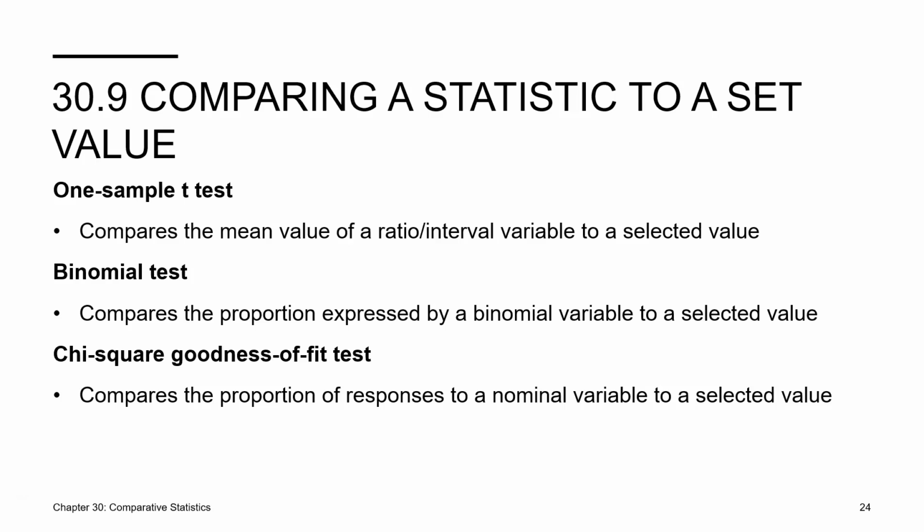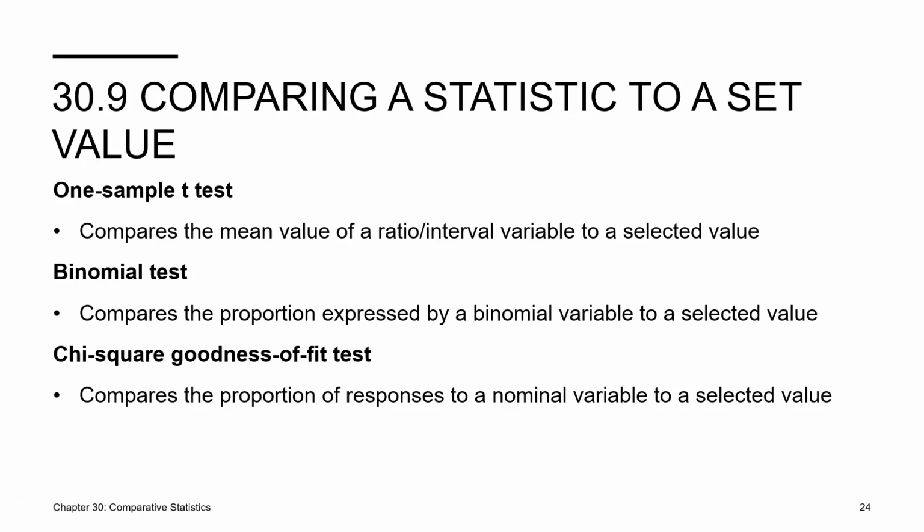You may also have some tests to compare a statistic to a set value. Let's say you have a sample and the mean prevalence of getting a flu vaccine, and then you have a value for the state of Texas, which says this percentage of the population gets the flu vaccine.